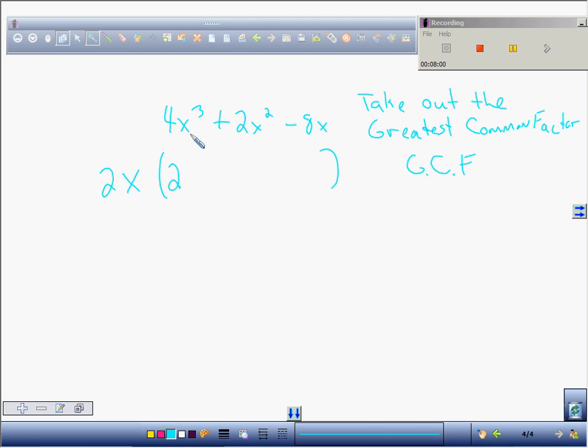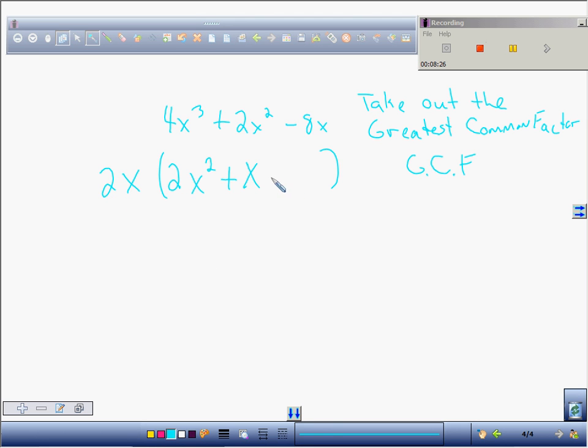X squared. Do you understand that? Now what goes over here? 2x times what will give you 2x squared? Just plain old x goes there.